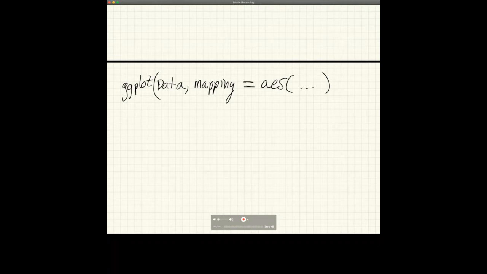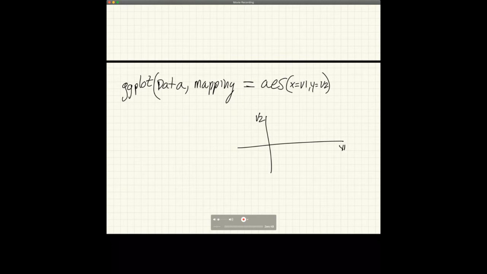One way that we've seen that before is you might say x is equal to variable 1, and y is equal to variable 2. That means I'm going to have a plot where one of my axes, the horizontal, is going to be v1, and the vertical axis is going to be v2. So that's what the mapping is doing.